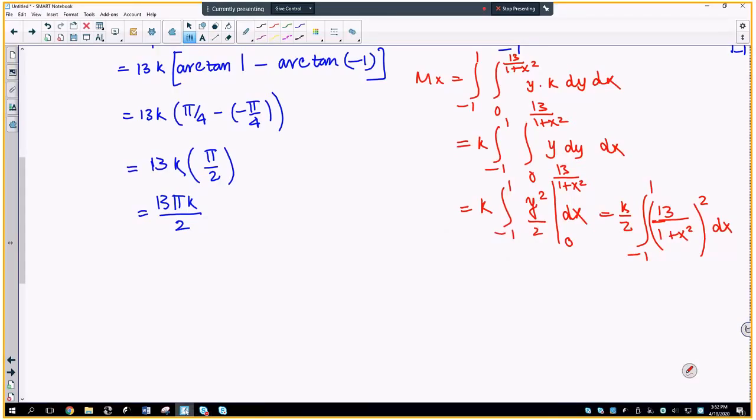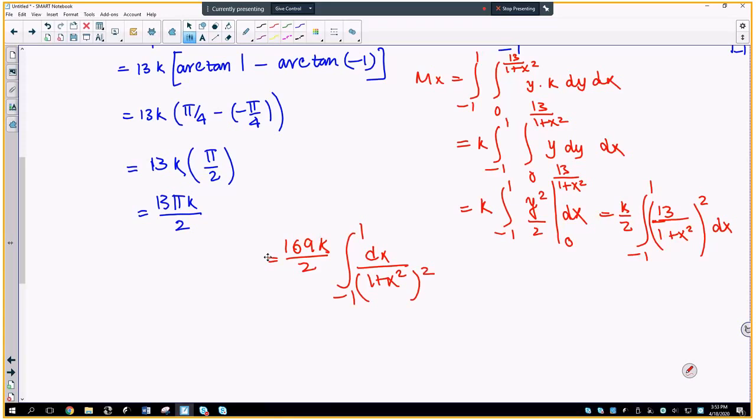So let us try to find the value of this integration. So recall, first I will square 13 and I will go ahead and get 169. So I can pull that out and I will get 169k over 2. And what we will have is negative 1 to 1, and we will have dx over 1 plus x squared whole to the power 2.